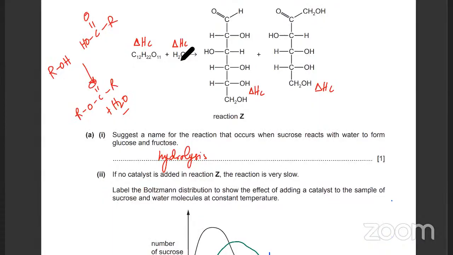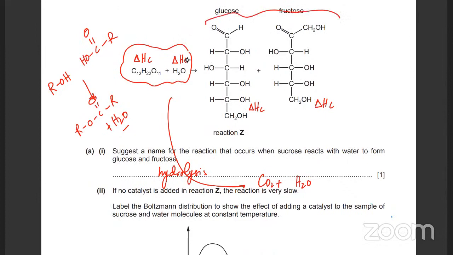So what happens when you combust these things? It's going to produce carbon dioxide and water, right? And similarly, what happens if you burn this? It's also going to produce carbon dioxide and H2O. Is that clear? That's the Hess cycle. It's a simple Hess cycle.